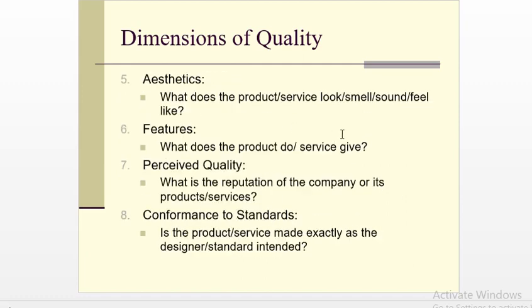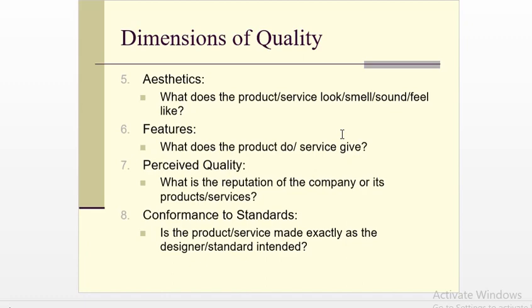Then another is aesthetics. What is the aesthetic look of the product? Then smell of the product, sound, feel. These are again other dimensions on which quality can be defined. Then features: as I told you, in case of a mobile, what is the battery backup, what is the camera clarity. These features are also important for the dimensions of quality.